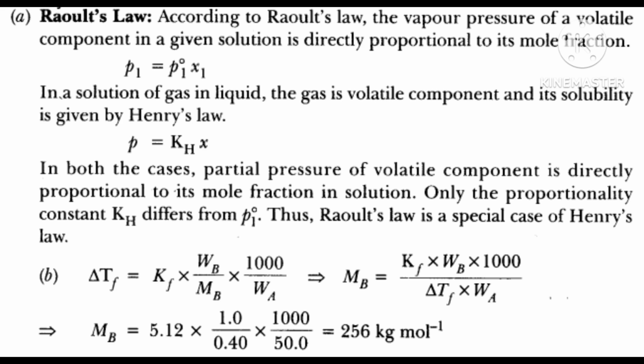Now P1 you have calculated, 285.5. Then just divide it by the total. The total was 347, already calculated in the beginning. 285.5 divided by 347, after solving you will get 0.82.